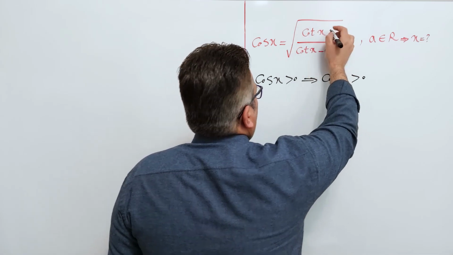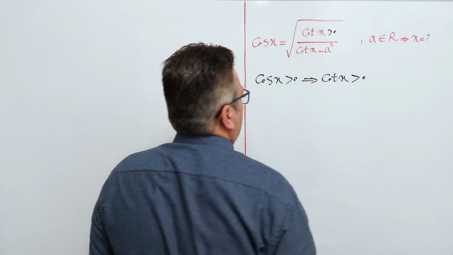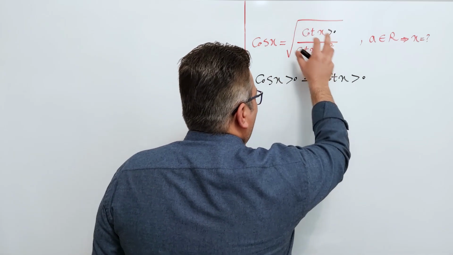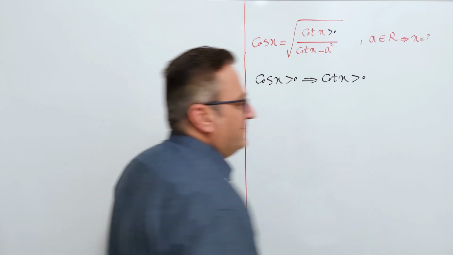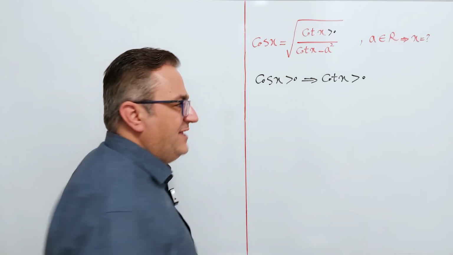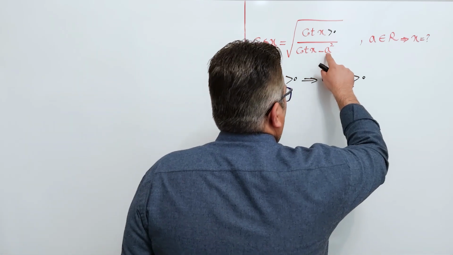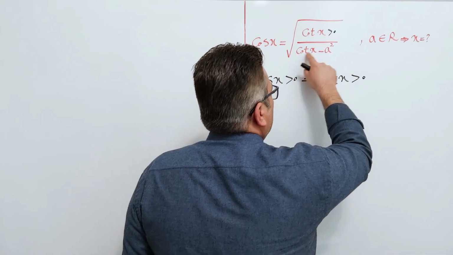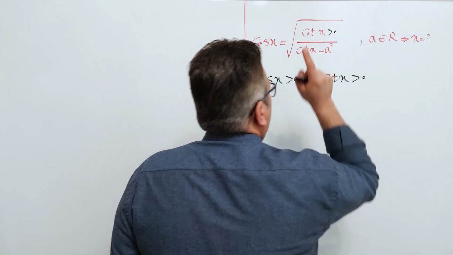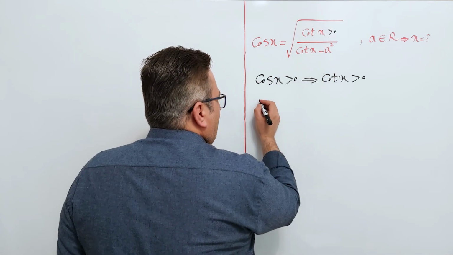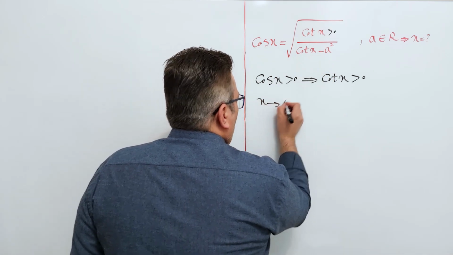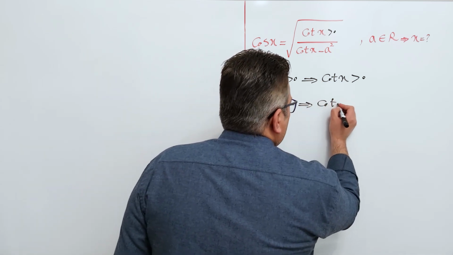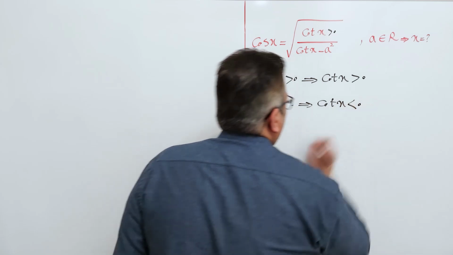Cotangent x is positive. However, the denominator of this fraction can still be negative. That means there are cases where a squared is greater than cotangent x. Okay? So if x is in the fourth quadrant, we know that cotangent x is negative.